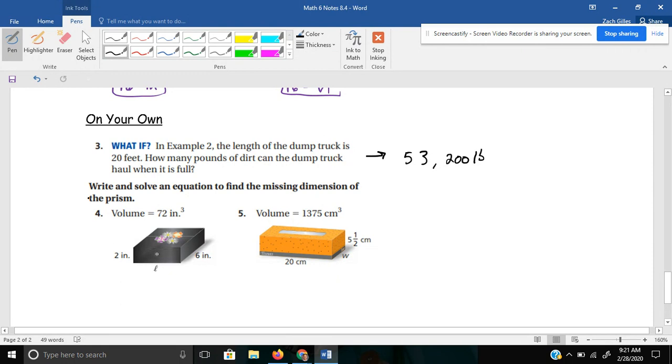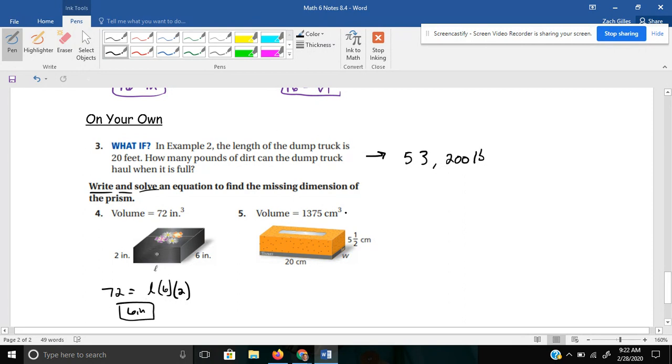For 4 and 5, make sure you write and solve. So it's kind of a two-part. For your equation, you should come up with 72 equals the length times 6 times 2. There's your written equation. And your answer, you should come up with 6 inches.